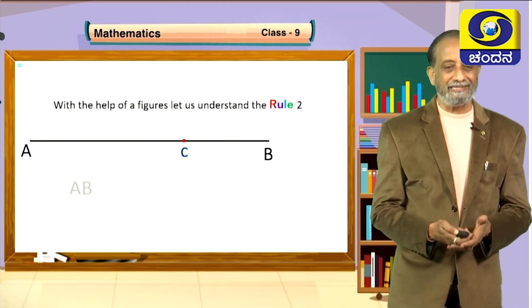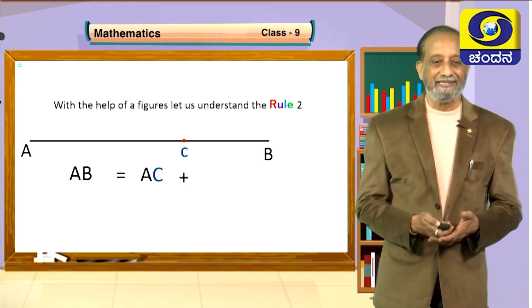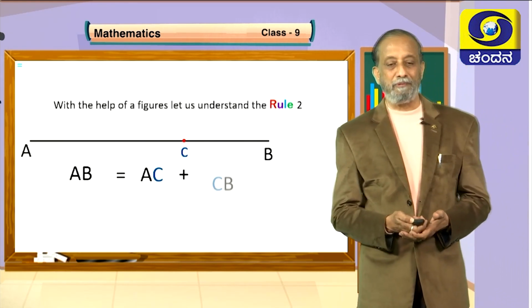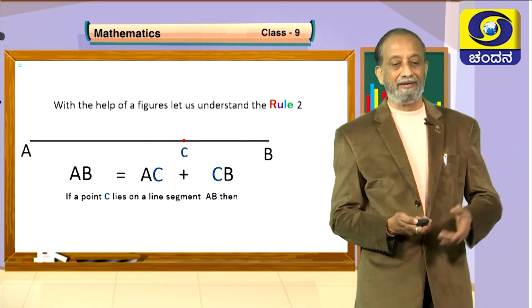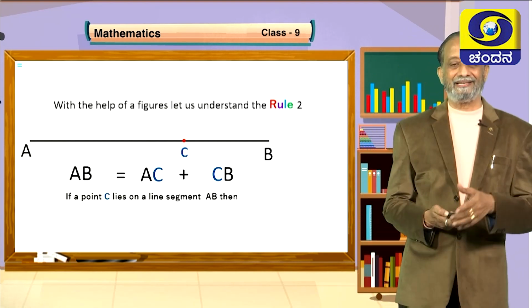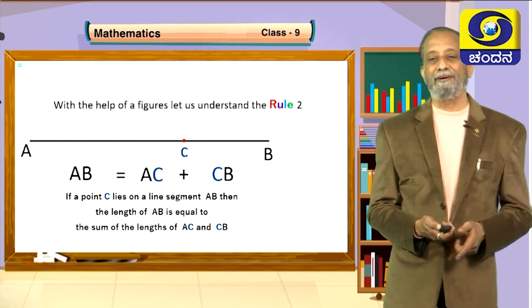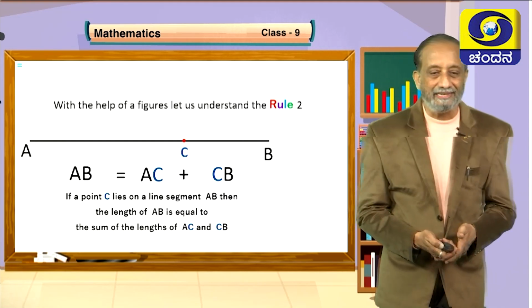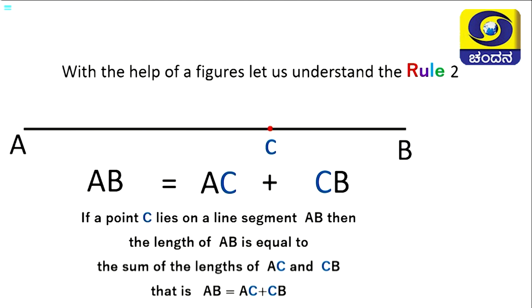If we ask what is the length of AB, can we say it is equal to AC, the length of AC segment plus the CB will give us the length of AB. If a point C lies on a segment AB, then the length of AB is equal to the sum of the lengths of AC and CB, that is AB is equal to AC plus CB only. Okay, this is in fact rule number 2.